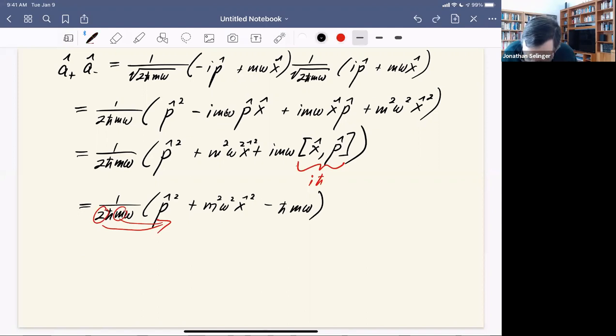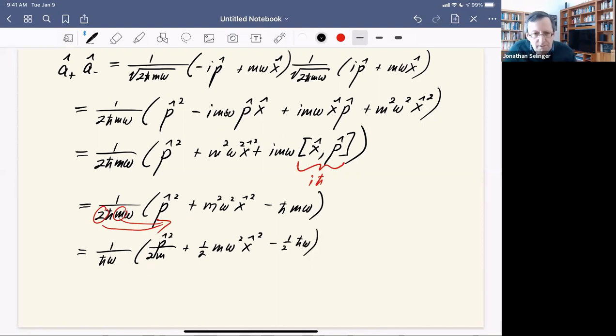So that's equal to 1 over h bar omega times p squared over 2m plus a half m omega squared x squared, minus a half h bar omega.